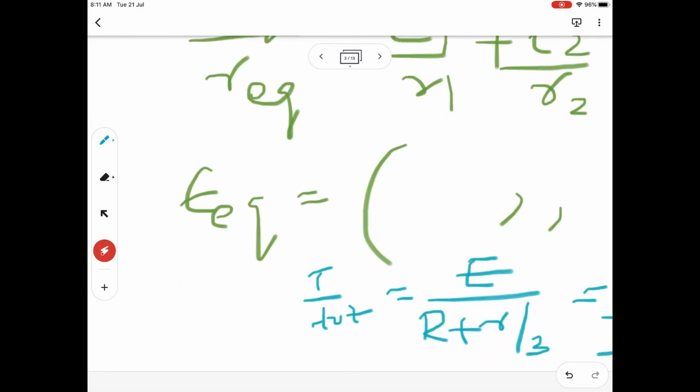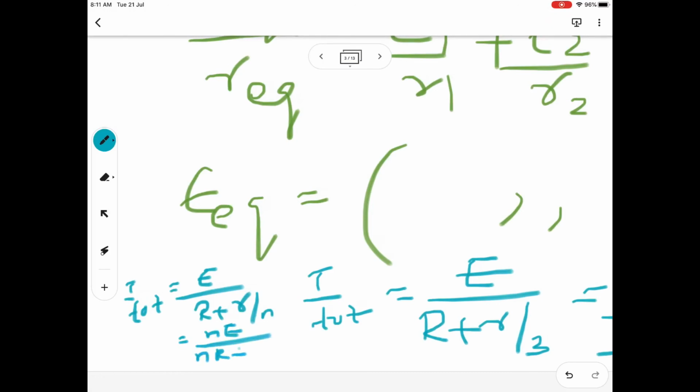So we'll write I total to be E total divided by resistance total. E total means E itself. Resistance total means R plus r by n. On reduction we get nE by nR plus r. This is I total in case of n identical cells in parallel combination alone.